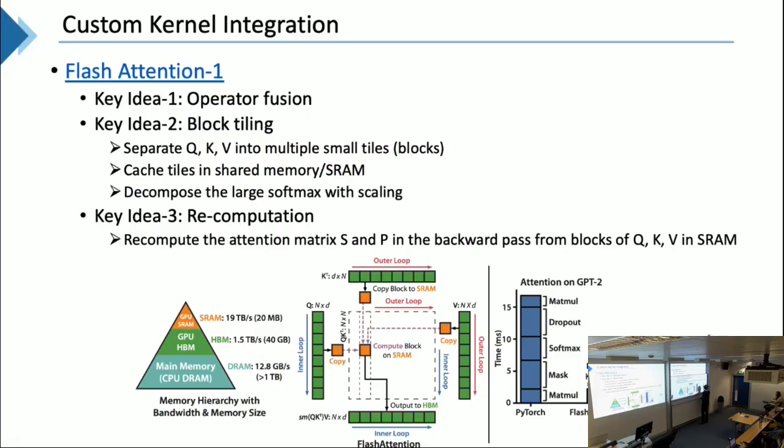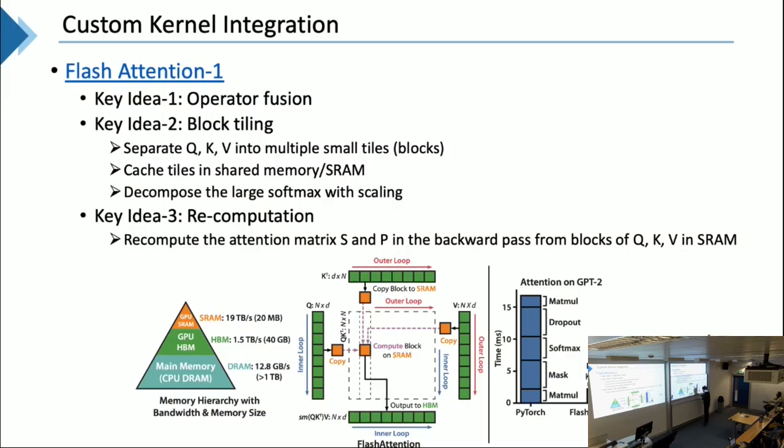For each operator, we need to involve memory traffic. Let's say for matrix multiplication, we need one memory traffic to send the data into the compute core, and we need to send the data back to the memory. And for the next operation, we need to do it again.